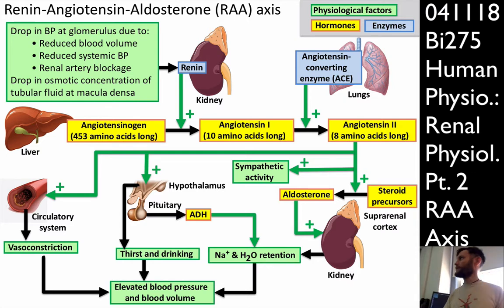Oh, I forgot to point the last thing out. Angiotensin II also increases sympathetic activity. Sympathetic activity sends out sympathetic nerve fibers that stimulate contractile cells on the afferent arteriole directly.